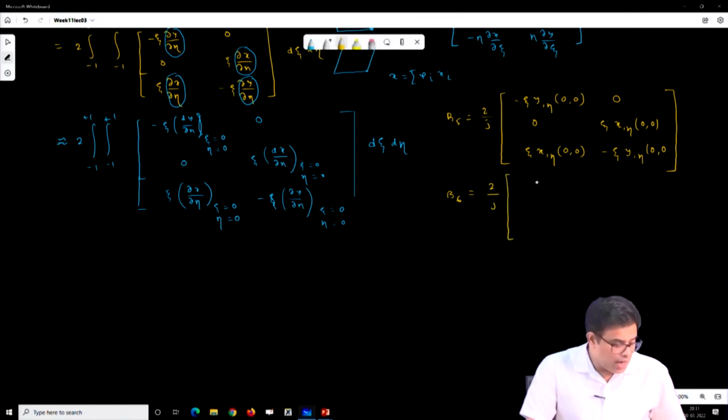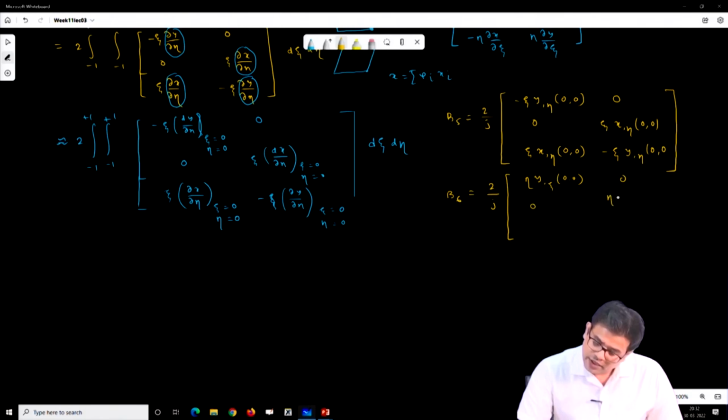Similarly B6 is also 2 by j. So if I write this, that is eta y comma xi, 0, 0, 0, then 0, eta x comma xi evaluated at 0, 0. So this is an ad hoc trick, obviously.